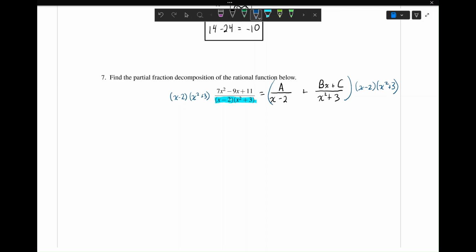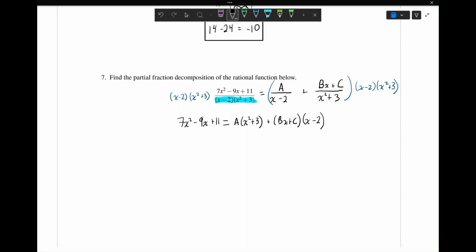Doing that gives us 7x squared minus 9x plus 11 equals a times x squared plus 3, the part of the common denominator it didn't have, plus bx plus c times x minus 2.